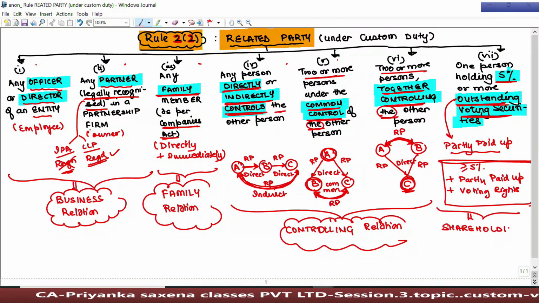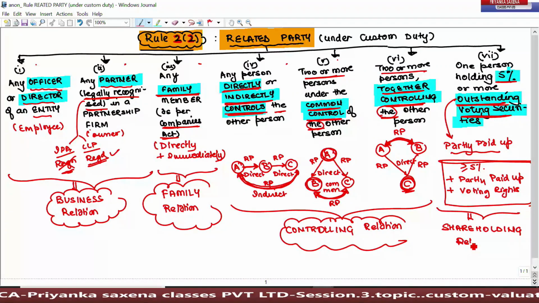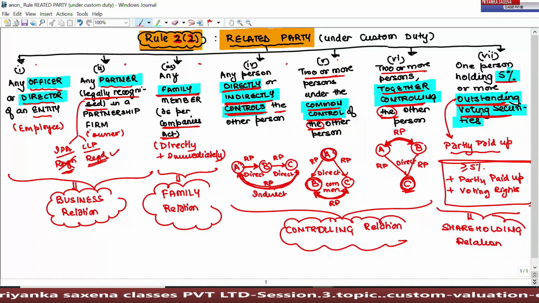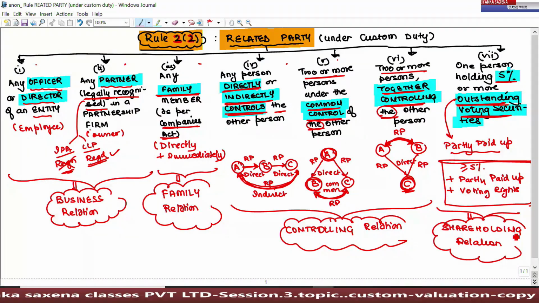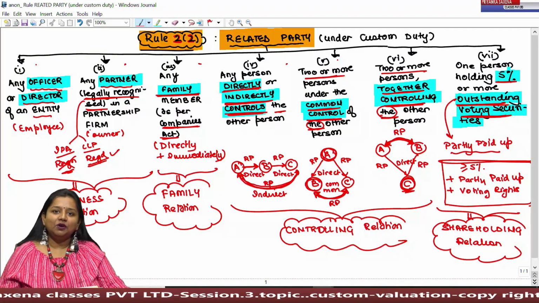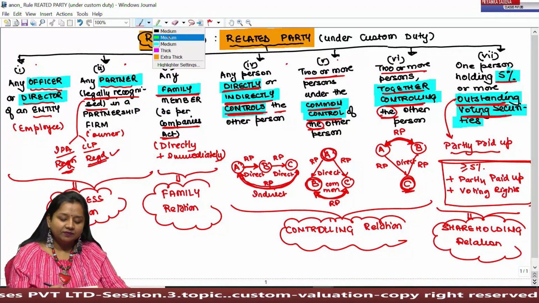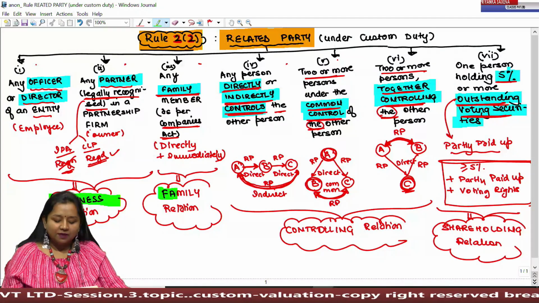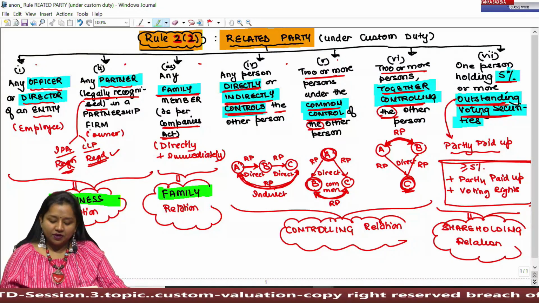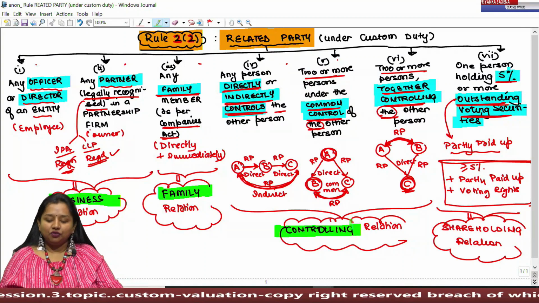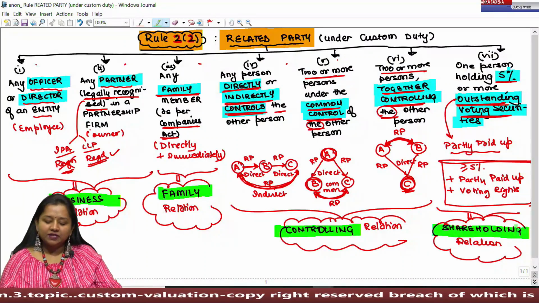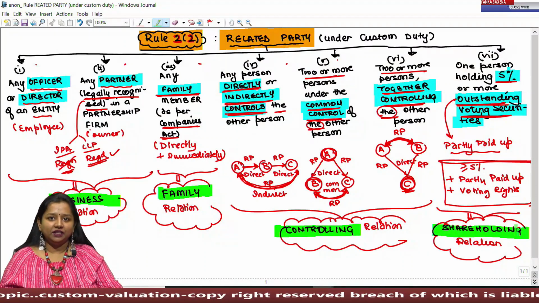So we can conclude that under customs, relation can be created only because of four reasons. 1, either because of business. 2, either because of family. 3, either because of control over other, and fourth one is because of shareholding relation.